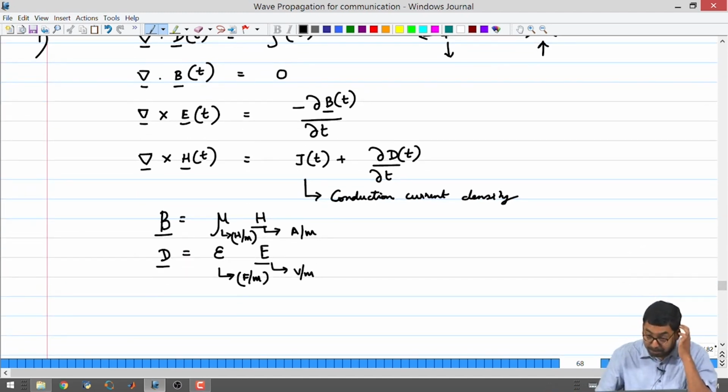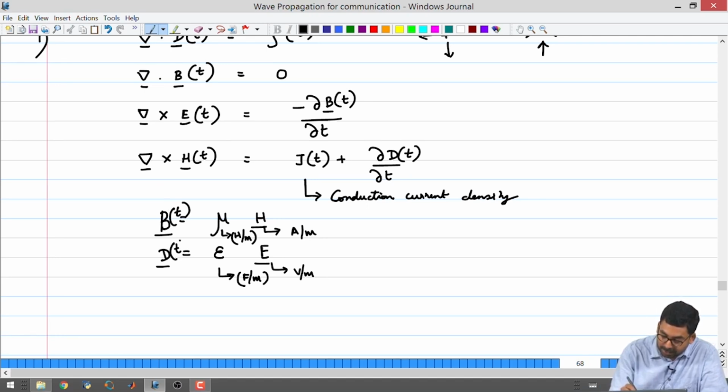B is equal to mu h, D is equal to epsilon E is a very tricky expression to write. Now, let's be very consistent and say that B of t is what we are writing down and D of t is what we are writing down. On the right side I have h of t and I have E of t.